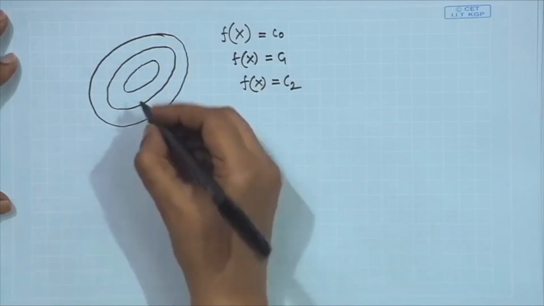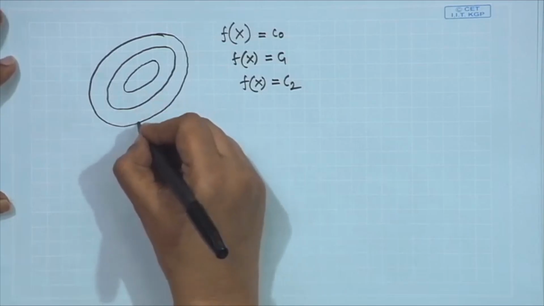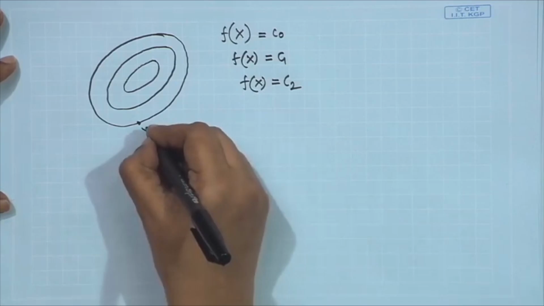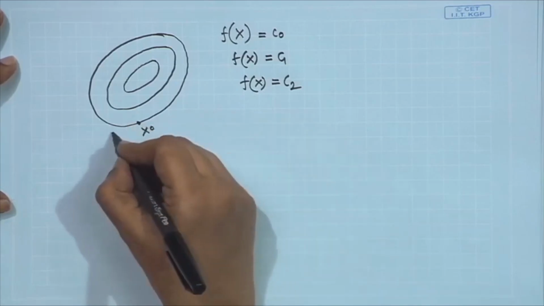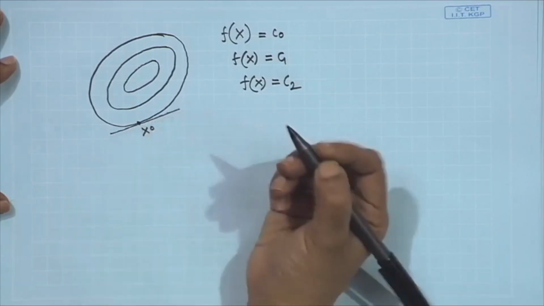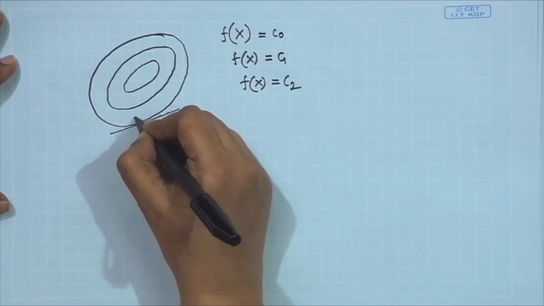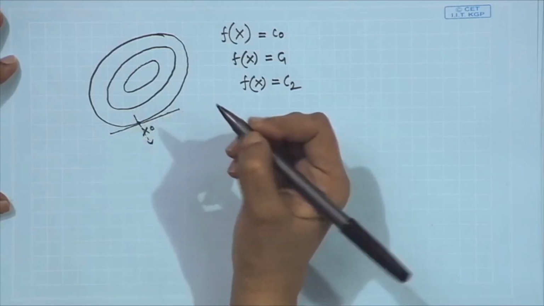If we consider the initial guess point is here, and this is my x naught, then if I take the tangent at this point, this direction is the gradient direction and this direction is the negative gradient direction.